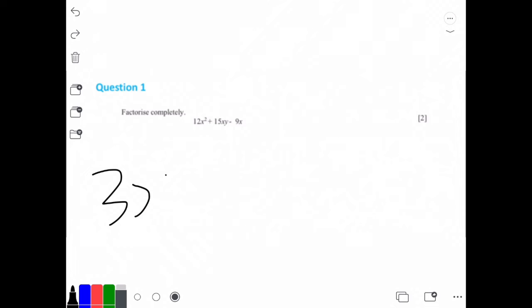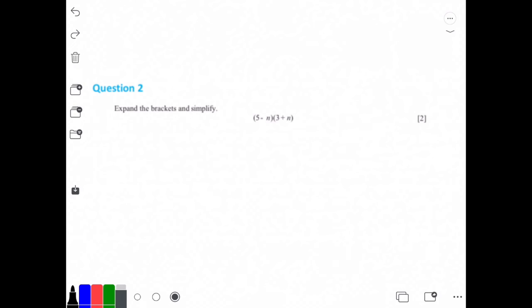So what we do is we put 3x separately, and then inside brackets we divide 3x from all the terms and write the remaining equation to get 4x plus 5y minus 3 inside the brackets.